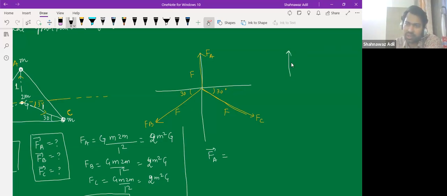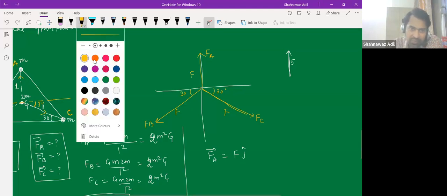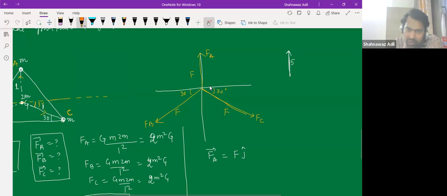So what is this vector? F J cap. Good. Now I want to calculate FC. It will have 2 components, one in this direction, the other in this direction.